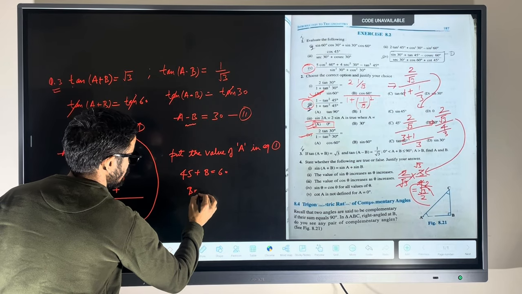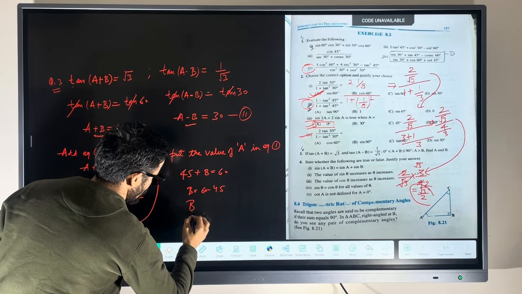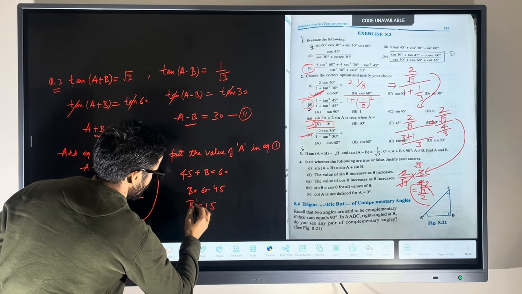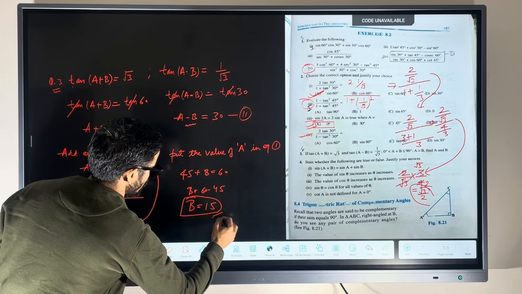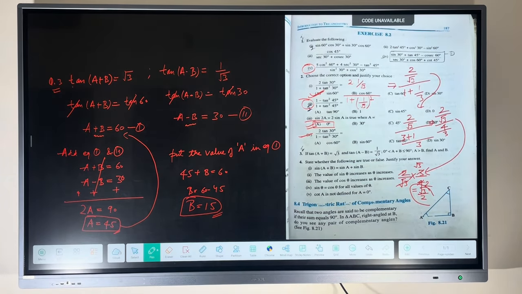Now B is equal to 60 minus 45, that is B is equal to 15. So now we have solved question number 3, and we find that the value of A is 45 and the value of B is 15.